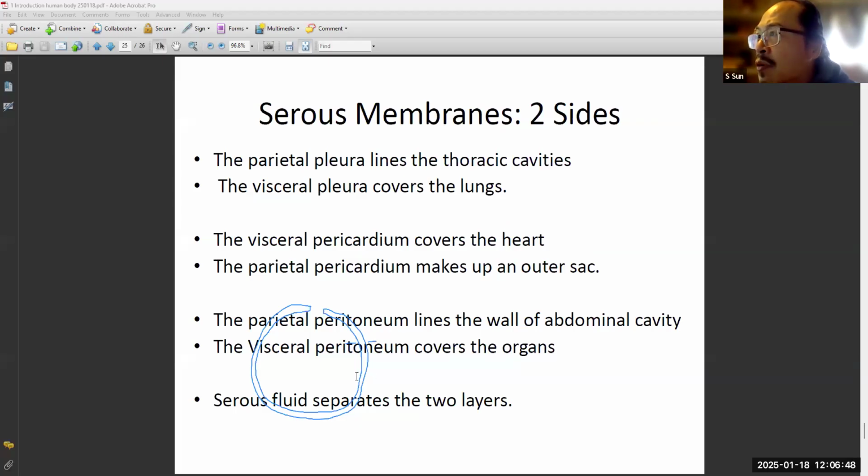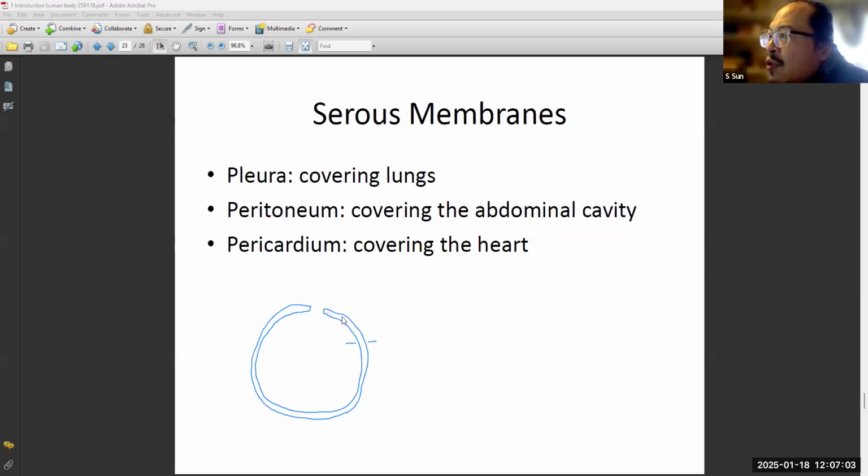Parietal pleura, visceral pleura. Parietal pericardium, visceral pericardium. Parietal peritoneum, visceral peritoneum. That is the two sides. And between these we have fluid. These two layers have fluid between them as protection, so the two layers will not rip. They will also be protected.